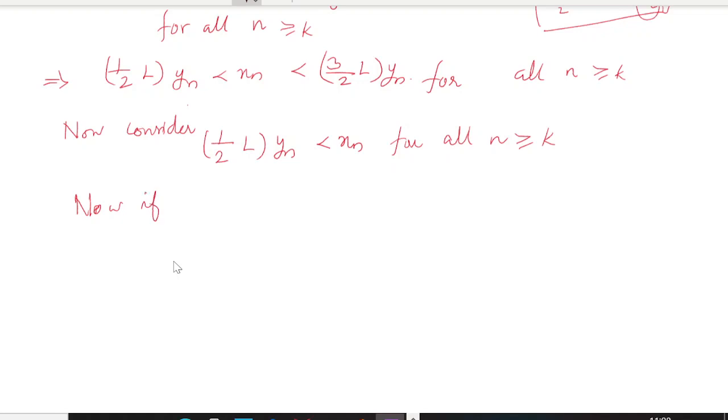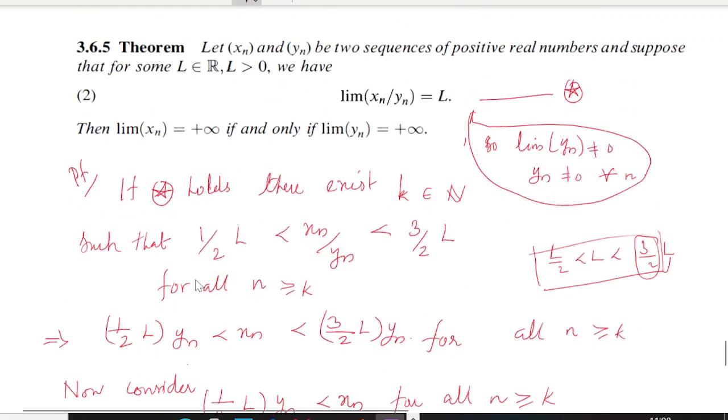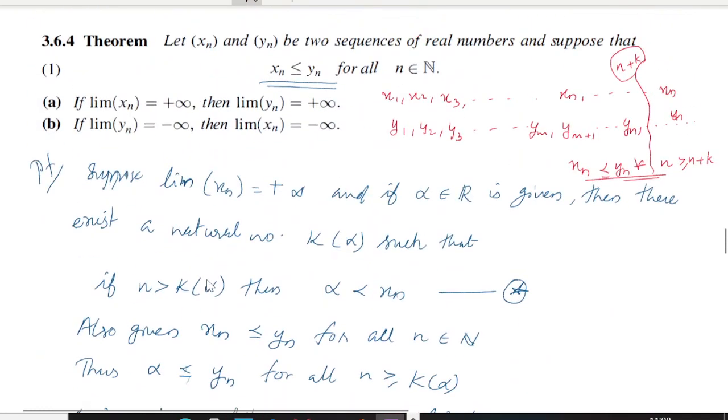If limit of yn equals positive infinity, then by theorem 3.6.4, if xn is positive infinity, then yn is also positive infinity wherever xn is less than yn.